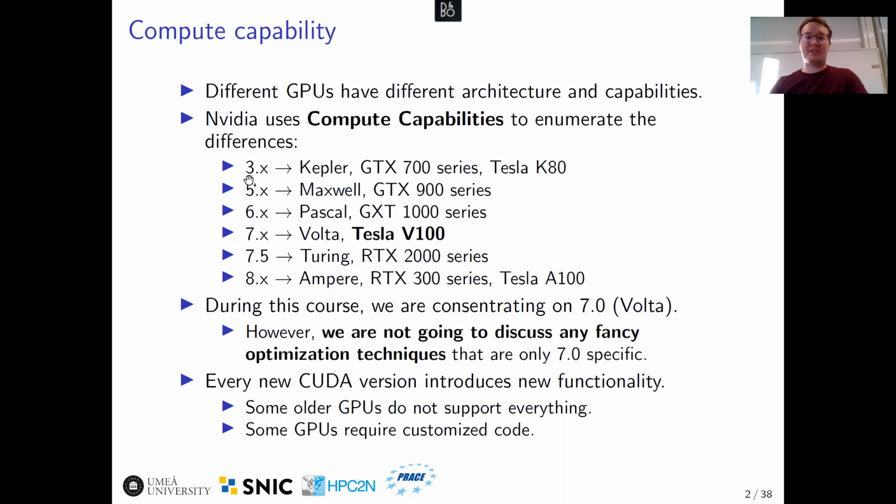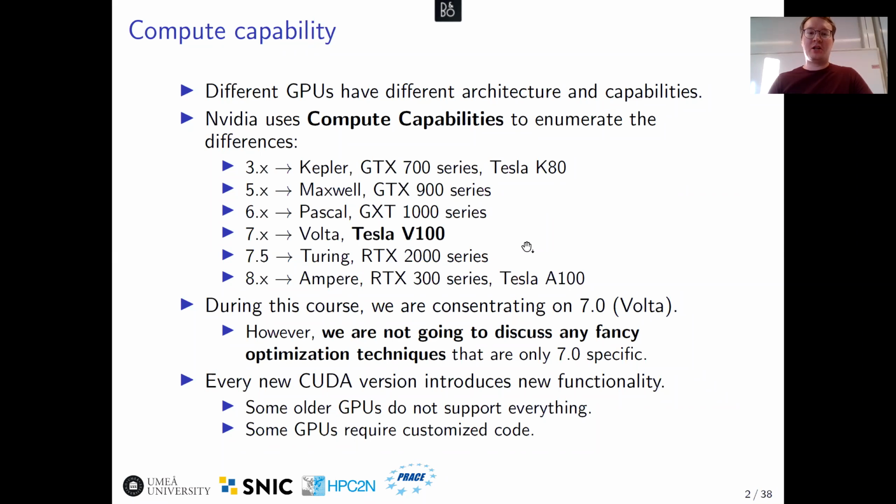And right now, the relevant ones are pretty much 3.x, which is the Kepler architecture. So if you buy a gaming card, it's going to be the GTX 700 series. Or if you use a computing-oriented card, it's going to be Tesla K80s, which can also be found in the Kepler machine. If it's 5.x, then you're dealing with the Maxwell architecture, and that is mainly the GTX 900 series.